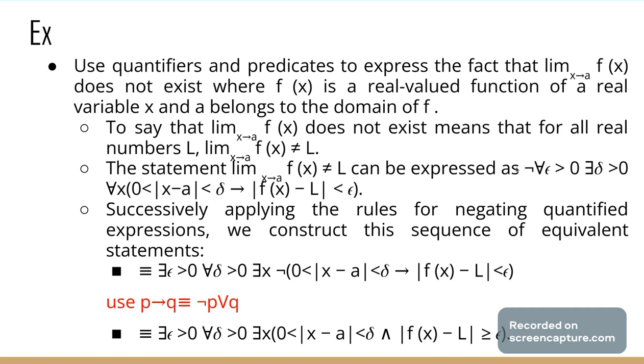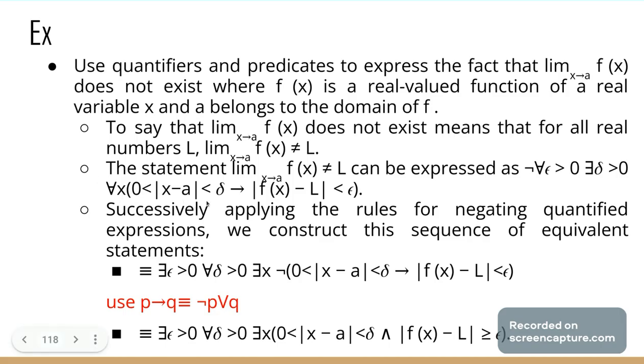Now if you want to do the negation of this statement, as earlier, for all will become there exists. So it will become there exists epsilon greater than 0 for all delta greater than 0 there exists x.